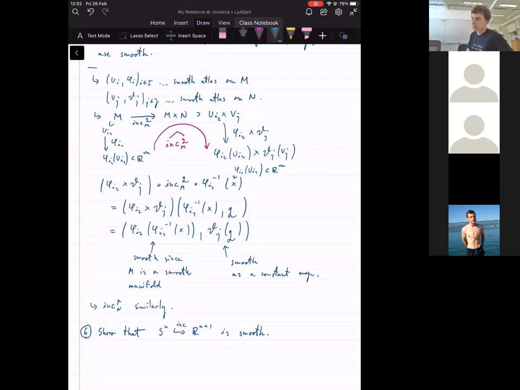So as a map from R to the power of m to R to the power of n, for example, you know what the partial derivatives of component functions are. If all of them exist and are continuous, then we say that a map between Euclidean spaces is smooth. So this is smoothness in the usual sense that you were asking about on previous exercise sessions.